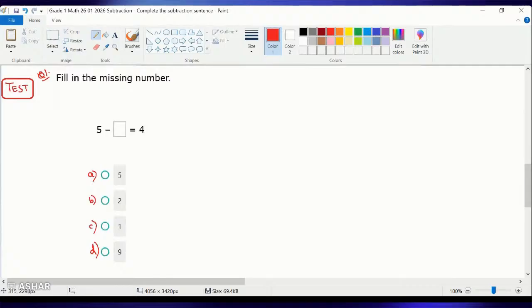Thank you. So what should be the answer for this? 5 minus something is equal to 4, right? And we know that we don't know the missing number, but we can do the reverse also. What should be 5 minus 4?